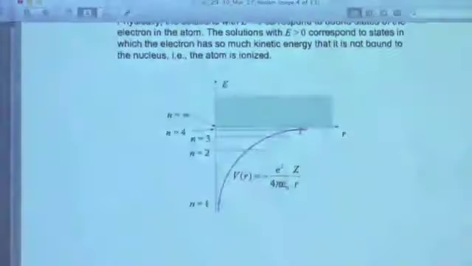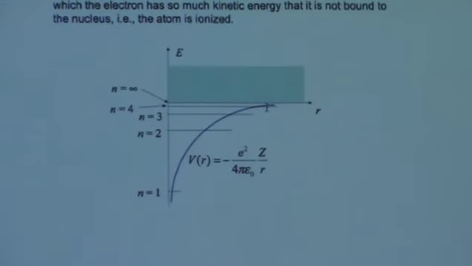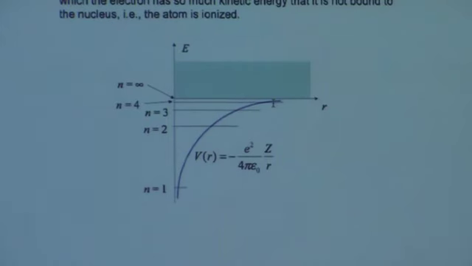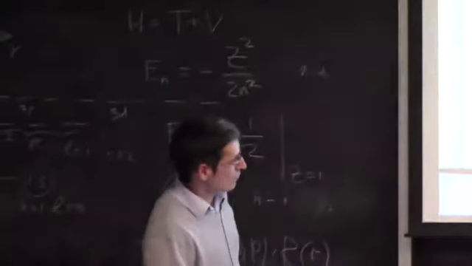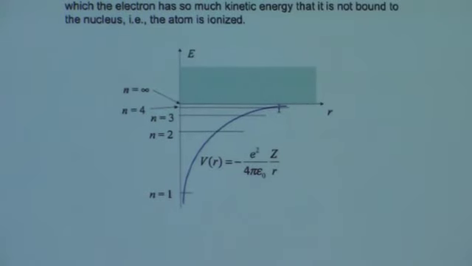So what happens when we climb up this potential wall is essentially we have more and more diffuse functions. And at 0, or n equals infinity, so if you put n equals infinity here, you get 0. You start the so-called continuum states, the states of the free electron in free space.